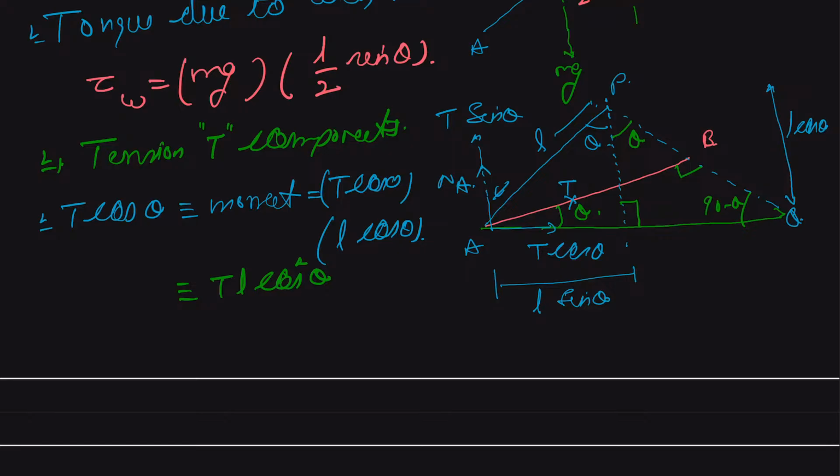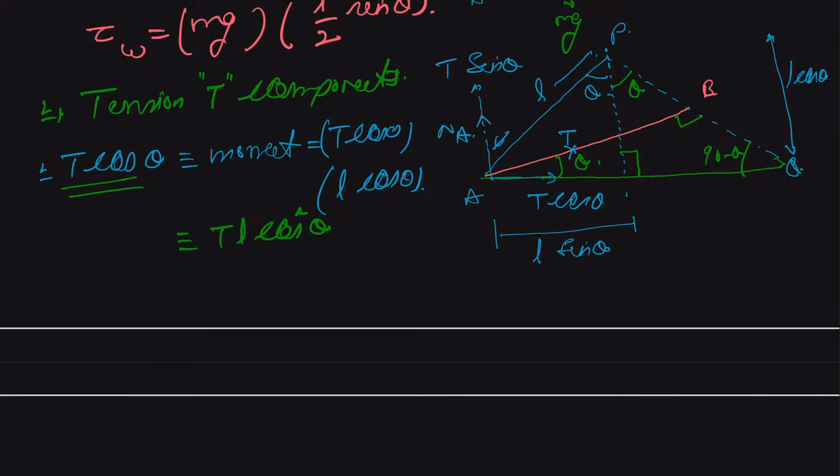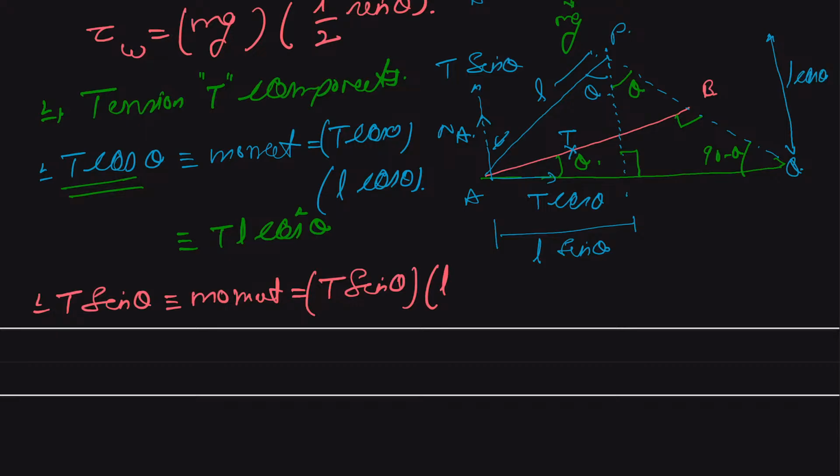Okay. This was because of our T cos of theta component, and the second component is T sine of theta, and the moment because of this T sine of theta will be T sine of theta, and T sine of theta in the lever arm distance is L sine of theta. So this will be TL sine square theta. Okay.